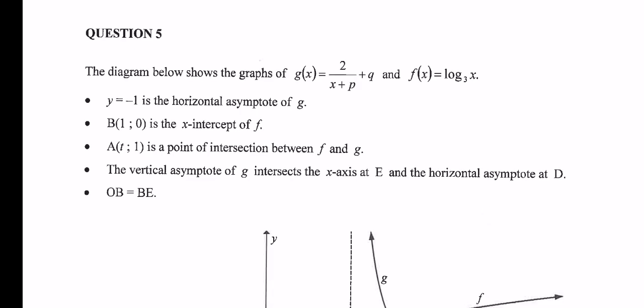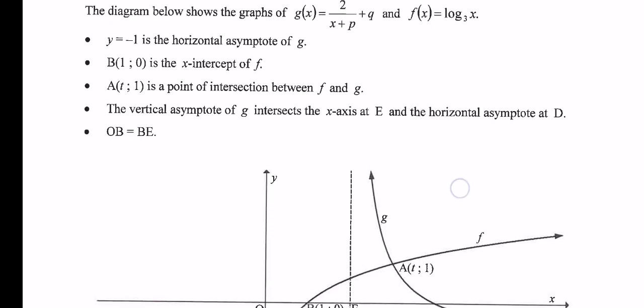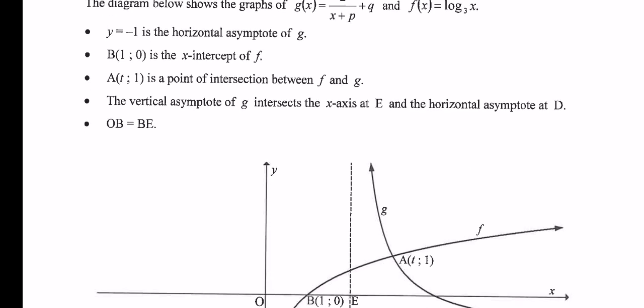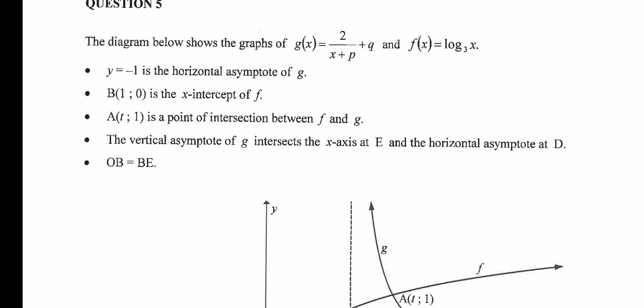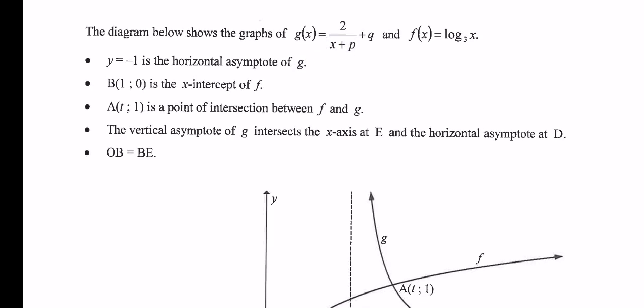The diagram below shows the graph of g of x equals 2 over x plus p plus q, and f of x equals log base 3 of x. Now we are also given that y equals -1 is the horizontal asymptote, very important, of g.